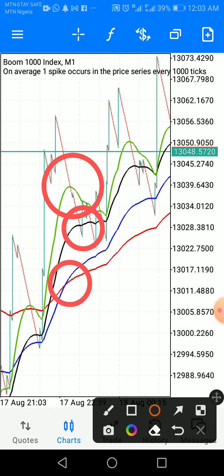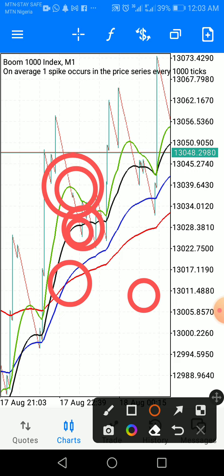You're only catching one spike per signal. Every signal that comes, you're only waiting to pick just one spike. Once you catch one spike, then you exit the market. So if you enter from here and the spike did not occur just as it happened here, you wait for it.